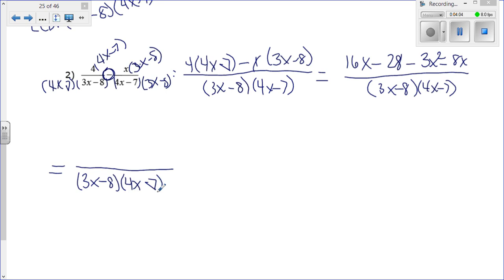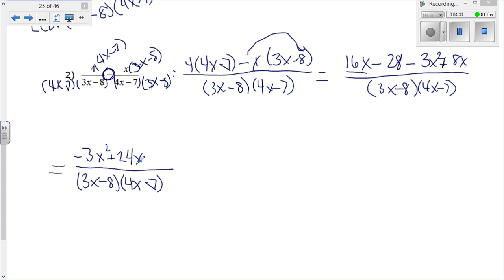So, looking at my like terms, I have a negative 3x squared, and then I have a 16x, and oops, I distributed there, that should have been plus 8x. I'm sorry. So a 16x and a plus 8x is plus 24x.